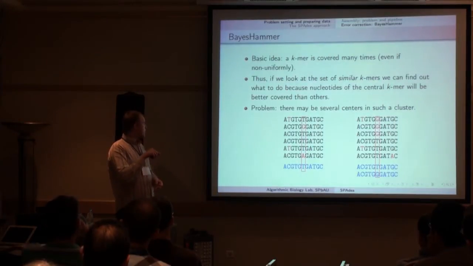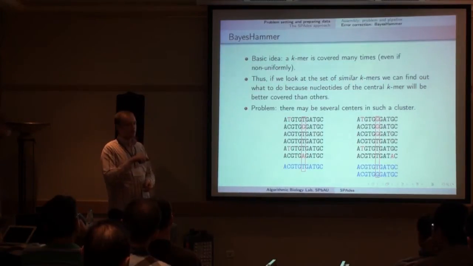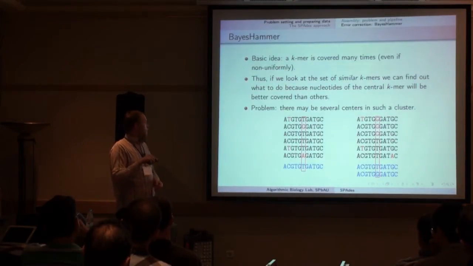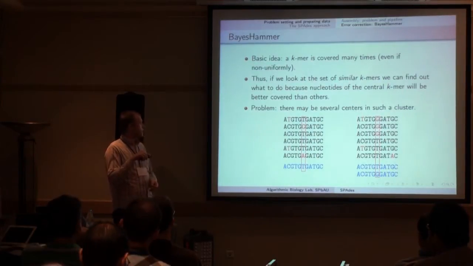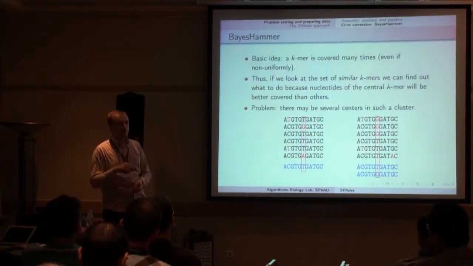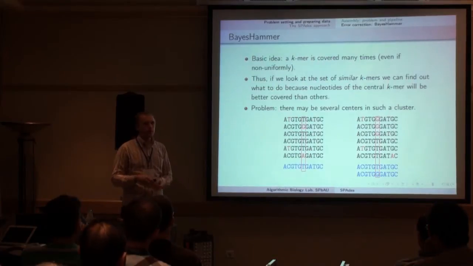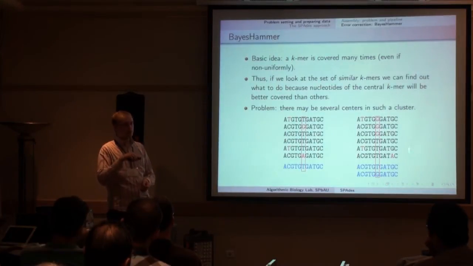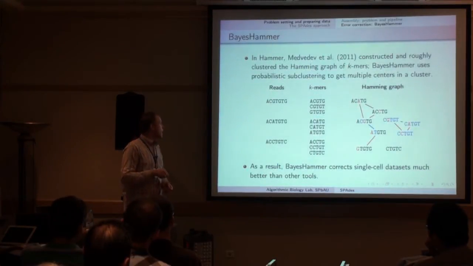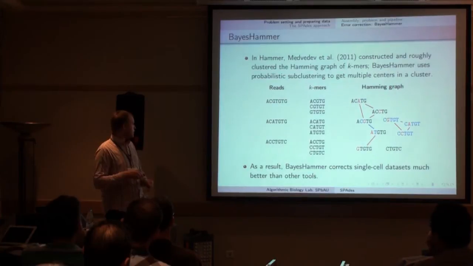And if your errors are rare here, then you can correct them. The difference between Hammer and BayesHammer is that BayesHammer attempts to cluster these sets of closely matching k-mers, not just finding the consensus, but maybe clustering them into, say, 2 or 3 clusters. Right. I think I'll skip this one.